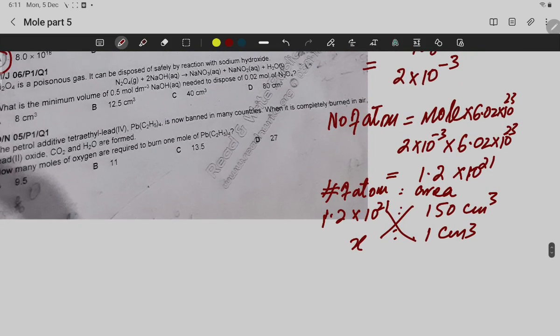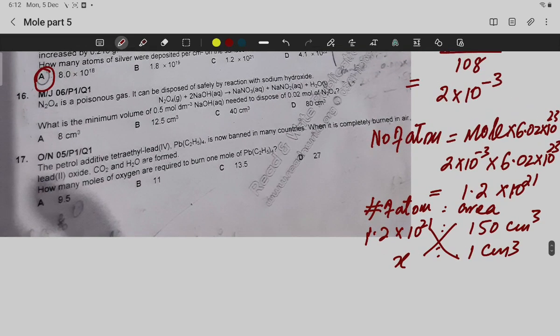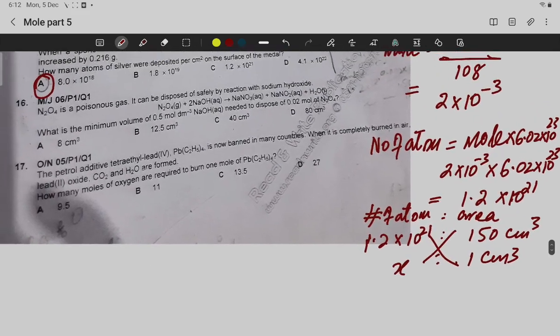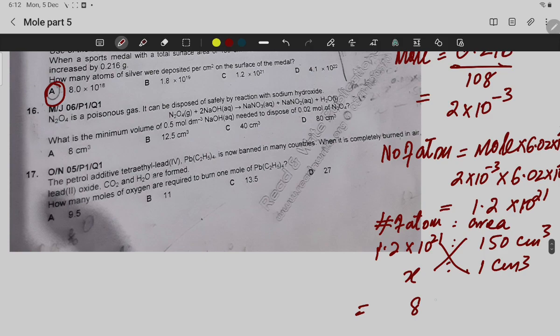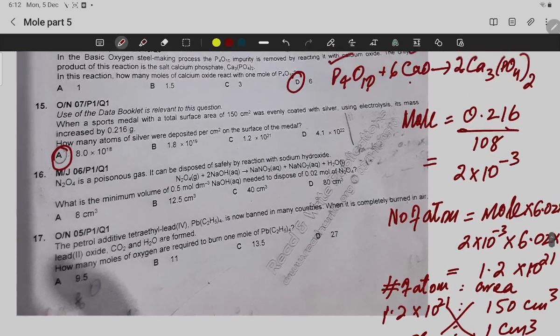So let's check: 1.2 × 10^21 divided by 150 is 8.0 × 10^18. So 8.0 × 10^18 is the answer.